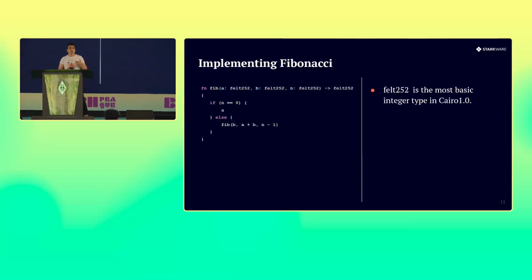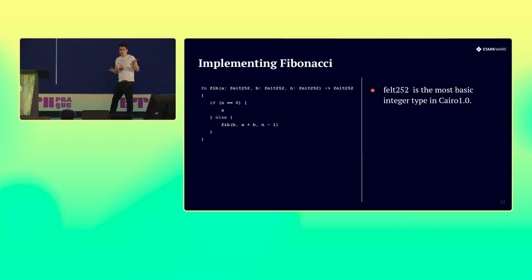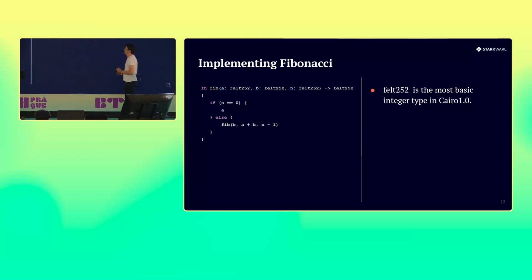Why? Because this is the most efficient and native type that we have. It is essentially a type that if you add too much to it, you'll get wrapped around to 0. So we have the felt252, but rather than this, it's really similar to any other language.